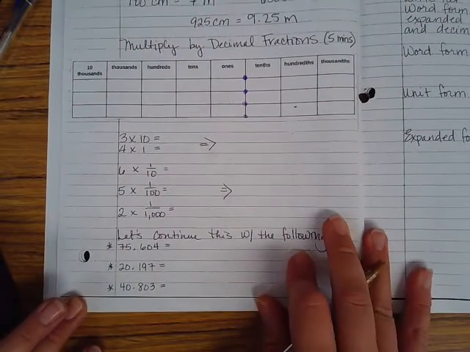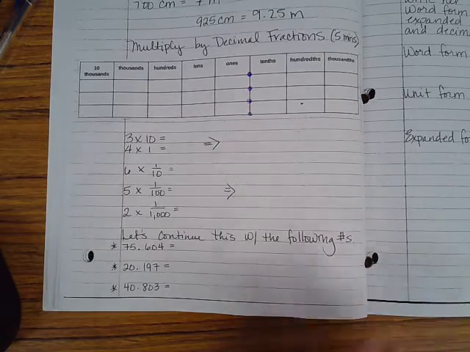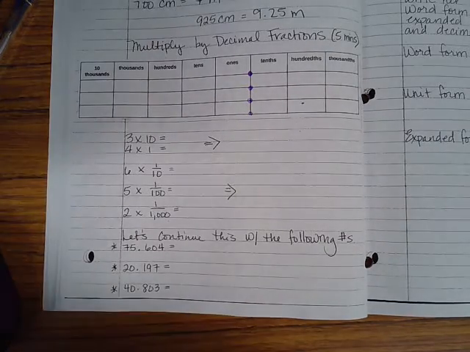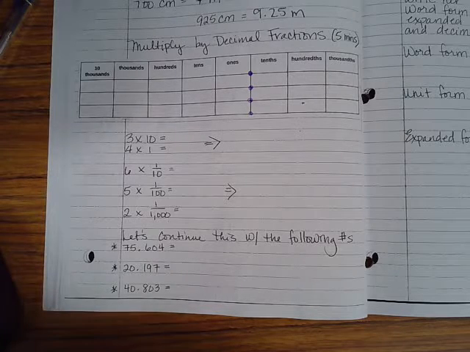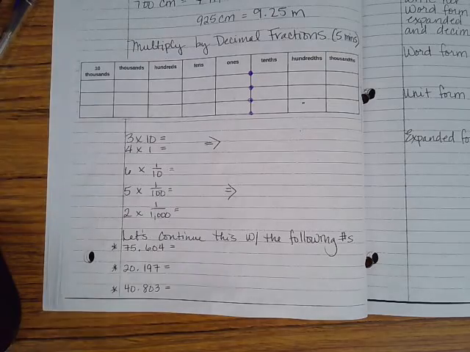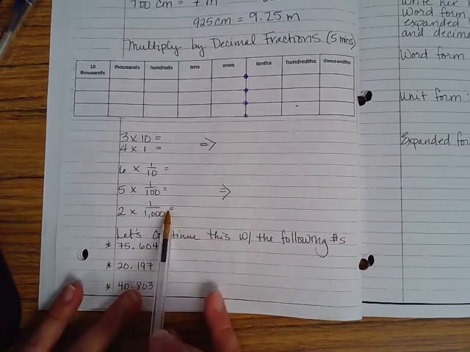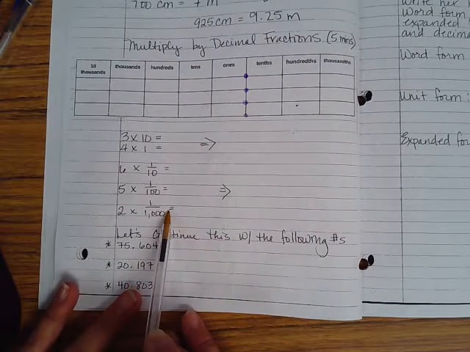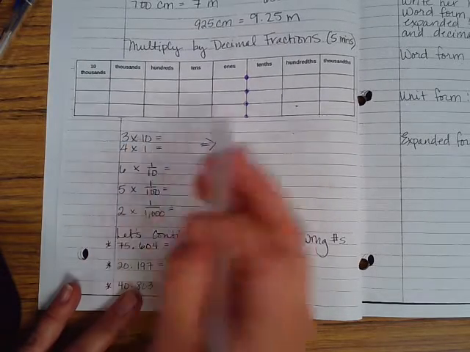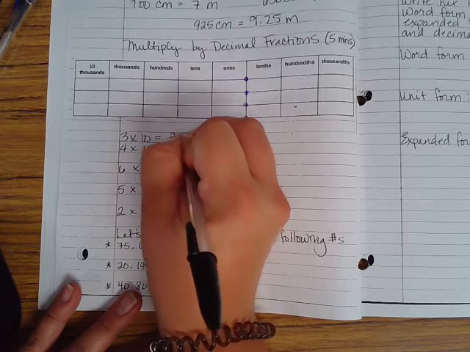Now we're going to go down here. We're going to be multiplying by decimal fractions. All right, so this is kind of breaking it down here. So if I have 3 times 10, that equals 30, right?